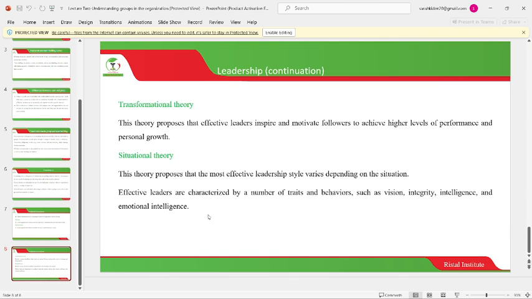They are empathetic, compassionate, and respectful. They can adapt to different situations and people, because people are different, and handle stress and conflict effectively. If there is conflict, how do you handle that? That is emotional intelligence.